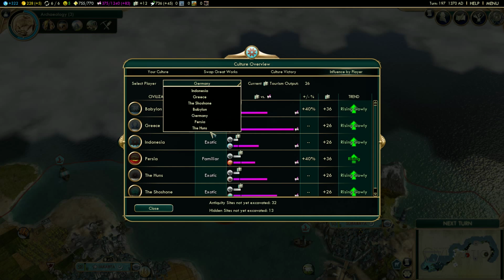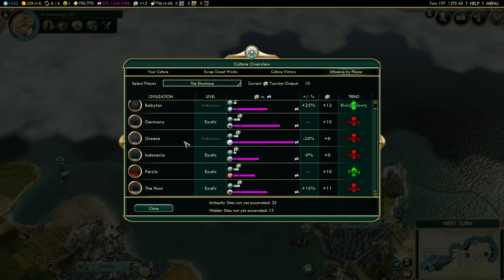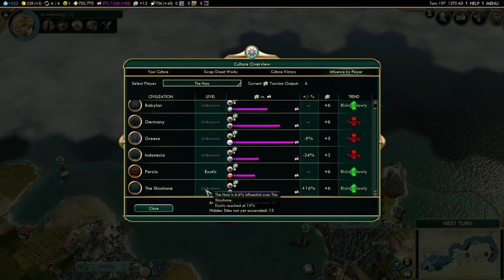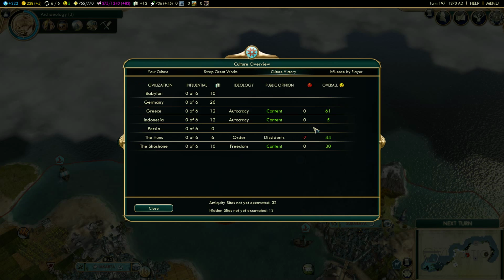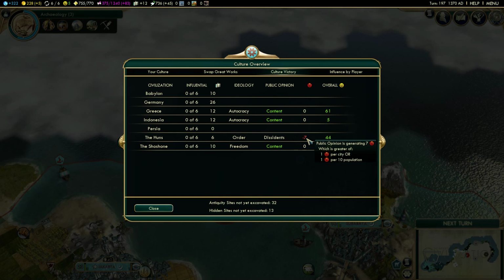Let's go to the Shoshone. They are exotic on the Huns, and the Huns are nothing on the Shoshone. As soon as the Huns reach exotic, the torch on them will go away, and so will the unhappiness.